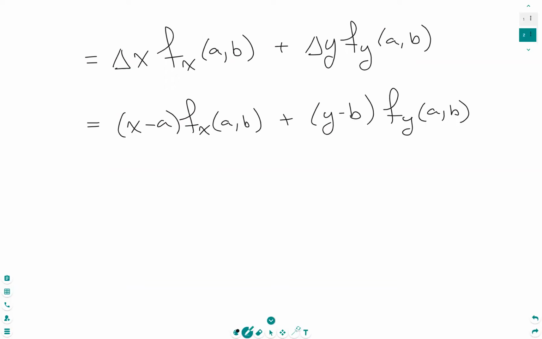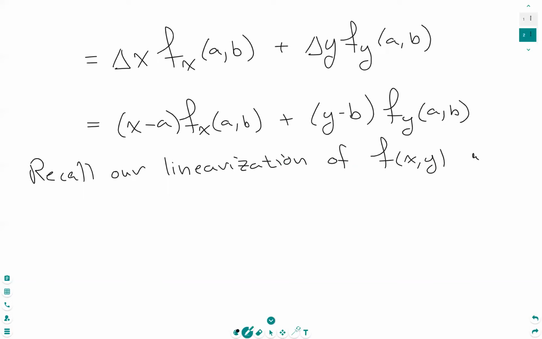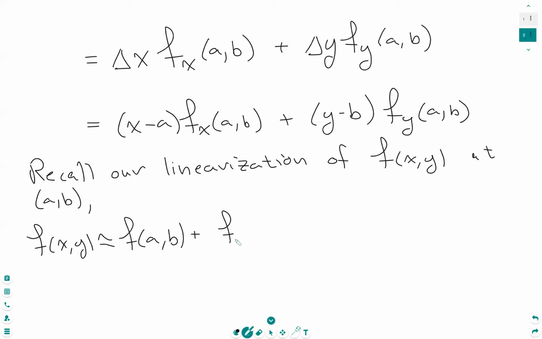So recall our linearization of the function at a, b was that f of x and y is approximately f at a, b plus fx at a, b times x minus a plus fy at a, b times y minus b.